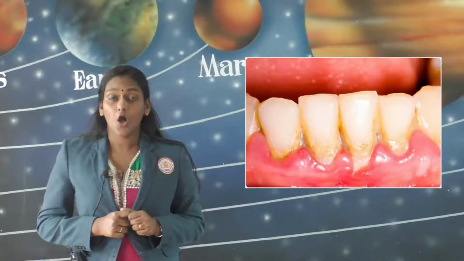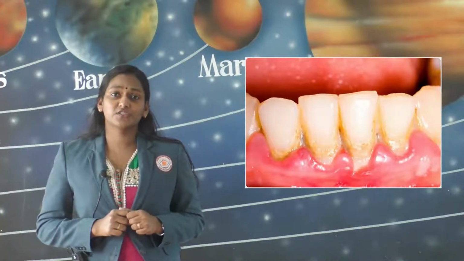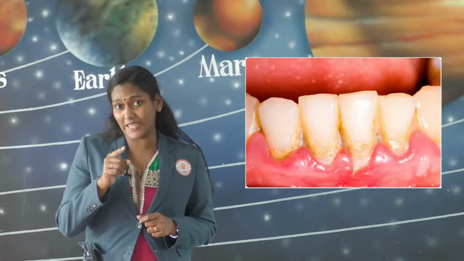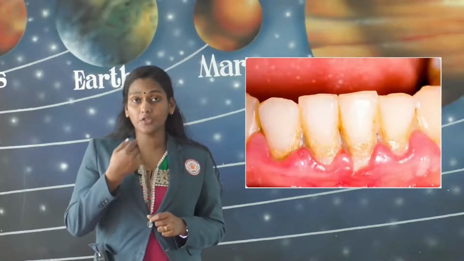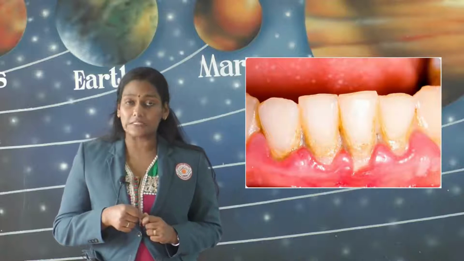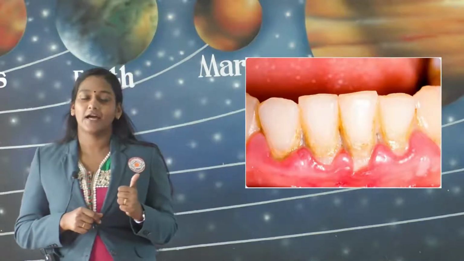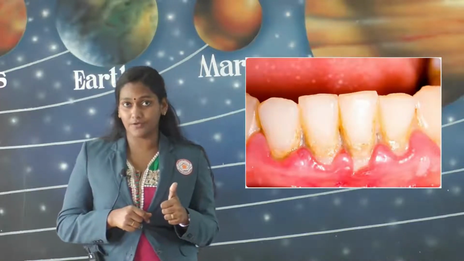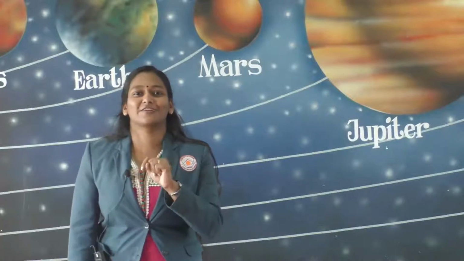So children, always remember that you will clean your teeth, or else the germs can stay the whole day and form a sticky yellow layer called plaque, a yellow deposition on the teeth.